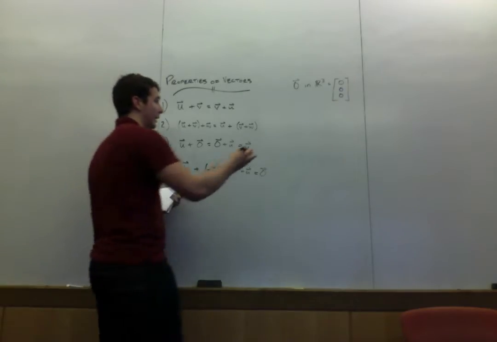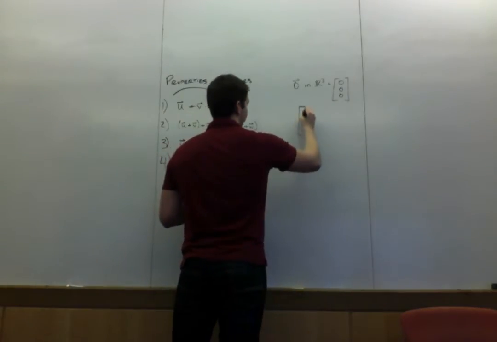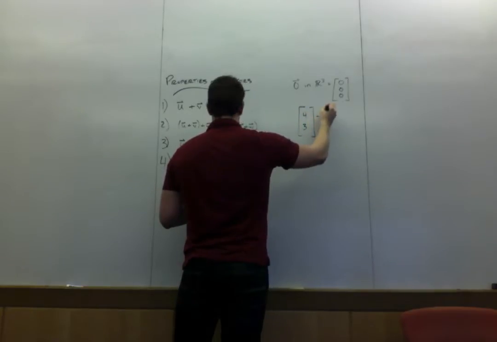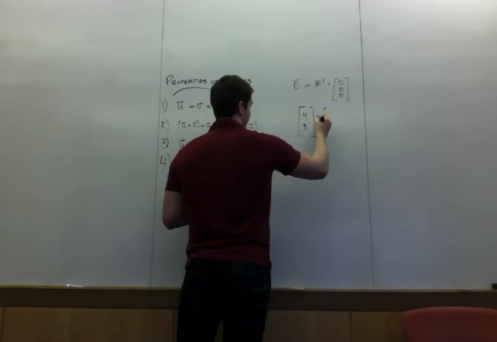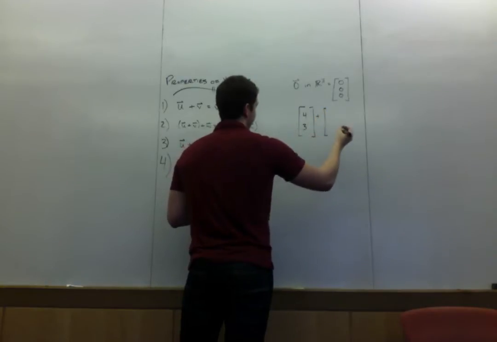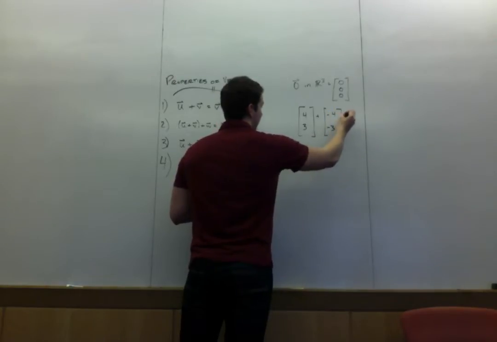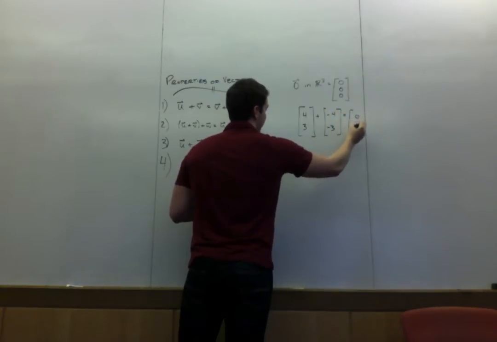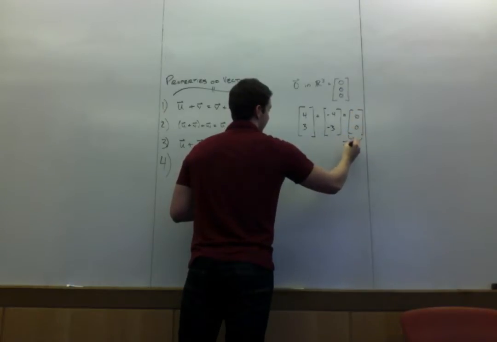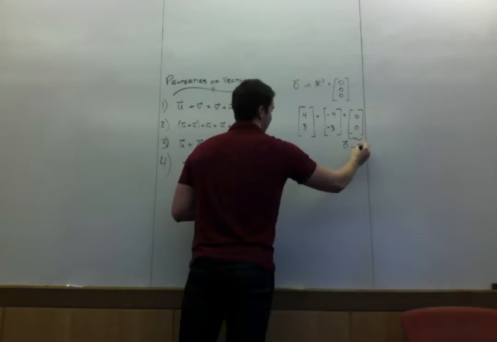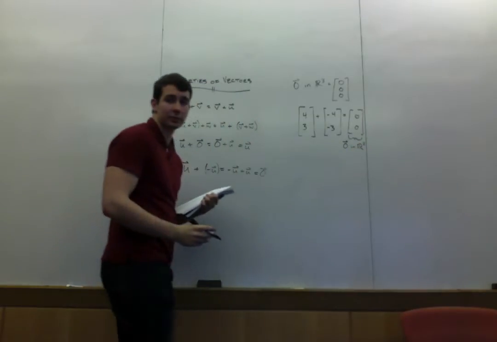So say we had vector 4, 3, plus negative u, to use the terminology of the property, so plus negative 4, negative 3. Pretty clear that we get 0, 0, and this is just the 0 vector in R2.